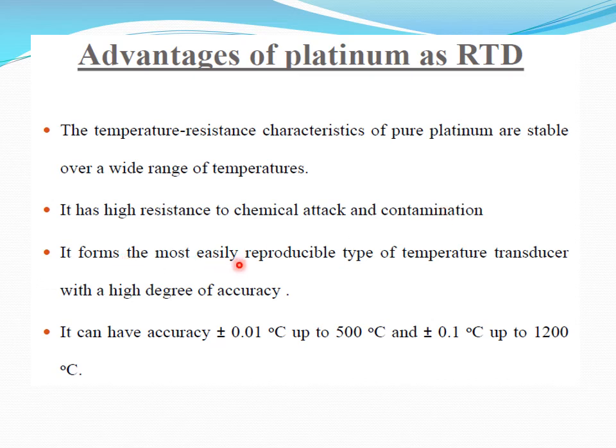It forms the most easily reproducible type of temperature transducer with a high degree of accuracy. The accuracy level can be plus or minus 0.01 degrees centigrade up to 500 degrees centigrade, or 0.1 degree centigrade up to 1200 degrees centigrade. So these are some of the advantages of platinum as RTD.